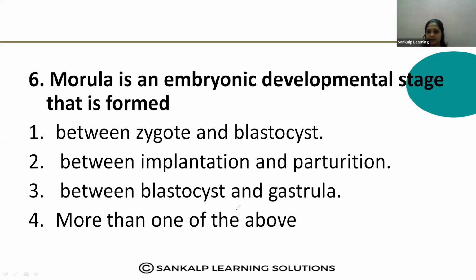What is the correct answer for the sixth question? Here, morula. Morula is formed after the zygote. Alva? So, zygote division agi enagatte? Morula stage formation agatte.